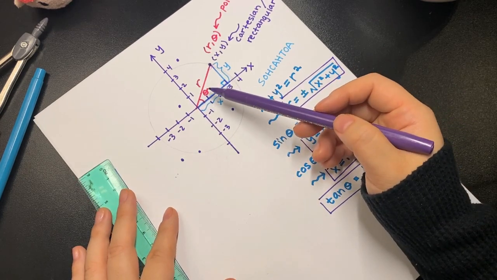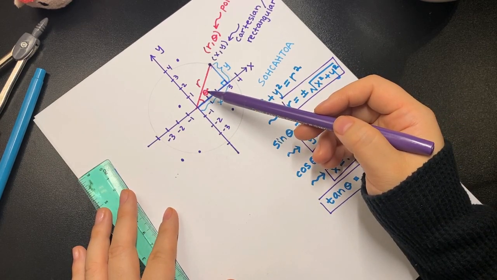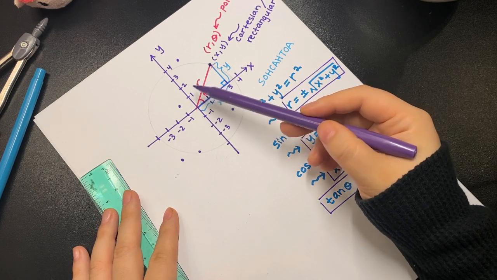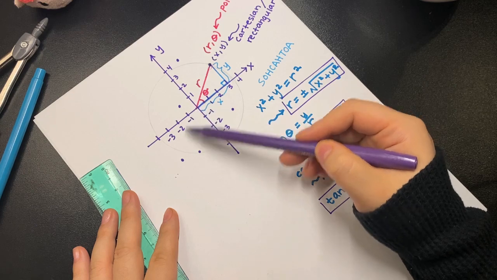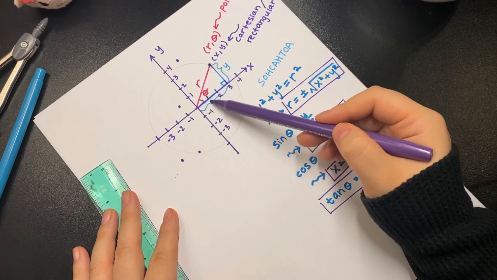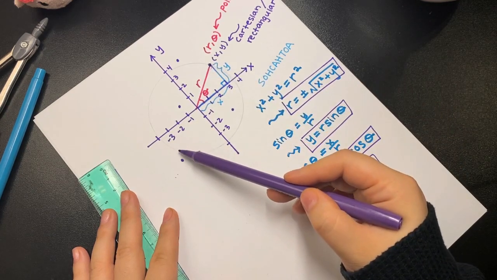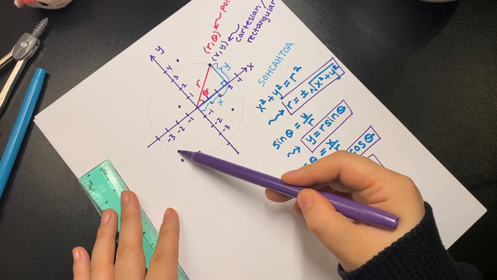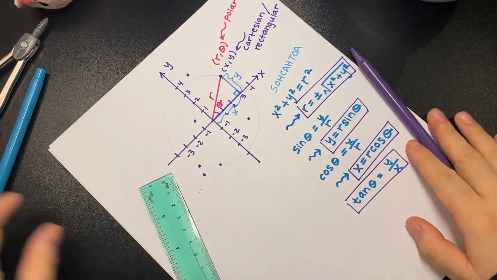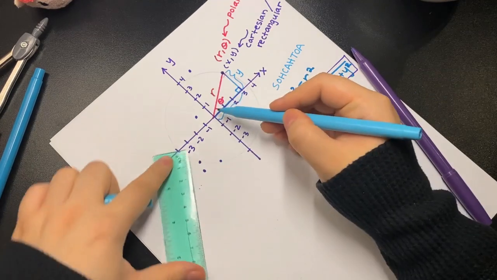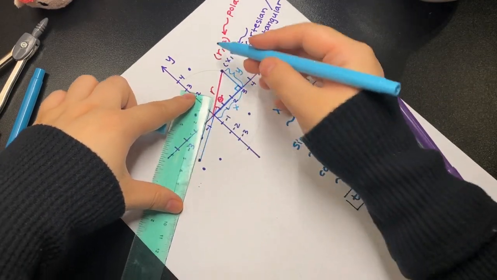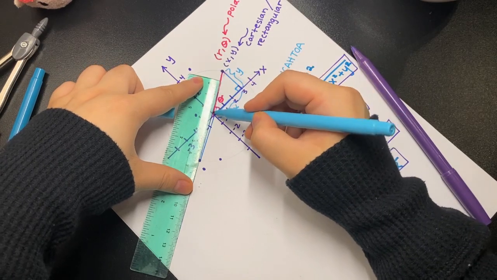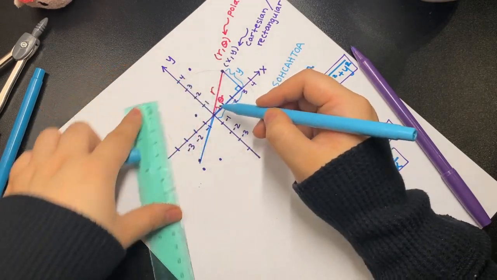But if I were to have a negative r with that same angle, that actually reflects it over here. So 3 comma 2, it would be over here like this. Like so.